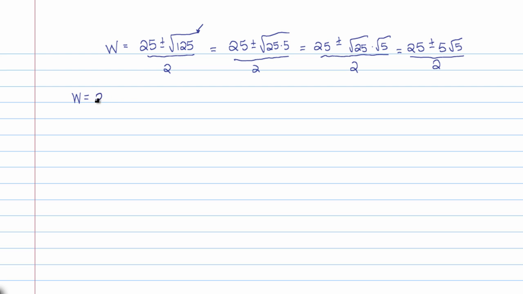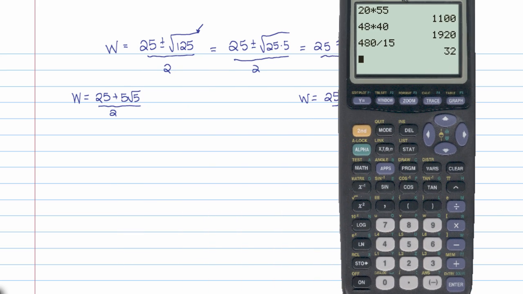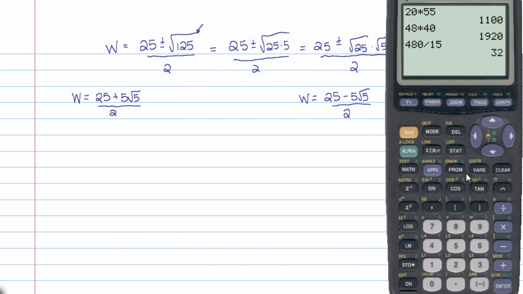I mean, one of the widths could be 25 plus 5 root 5 over 2, and one of the widths could be 25 minus 5 root 5 over 2. Or if you didn't simplify, 25 plus root 125, all being divided by 2, and 25 minus square root of 125, all being divided by 2. At this point, I would just grab a calculator because that's the only way that I can get a good answer for either of these.